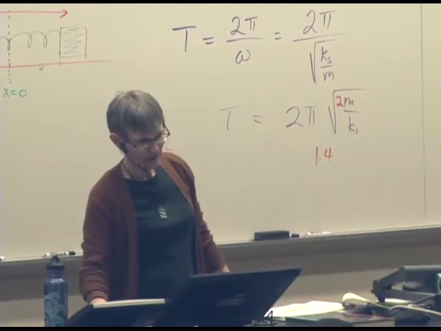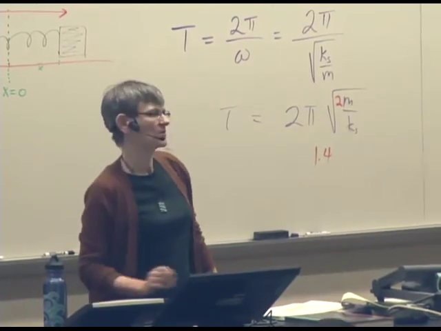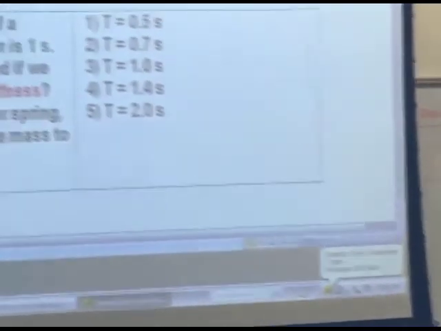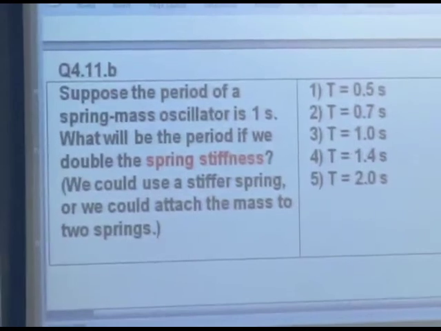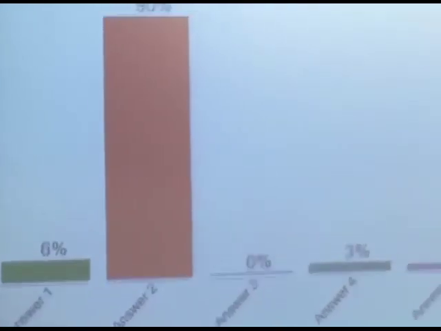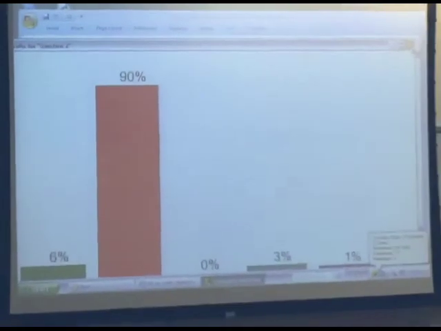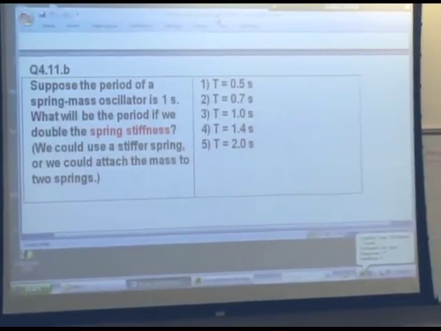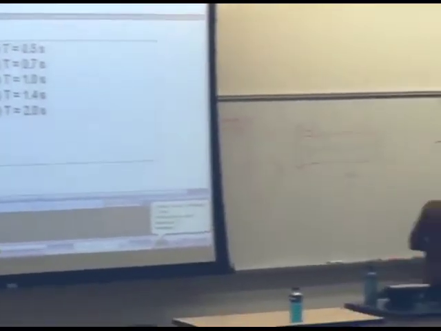Okay, what's going to happen if we double the spring stiffness? Okay, 2. Yes, and how did you get that it was a factor of 0.7?